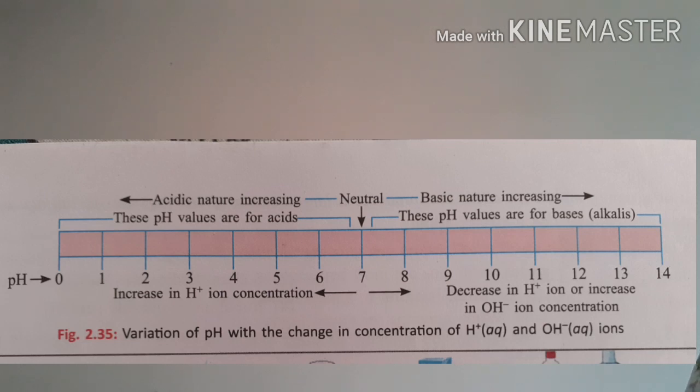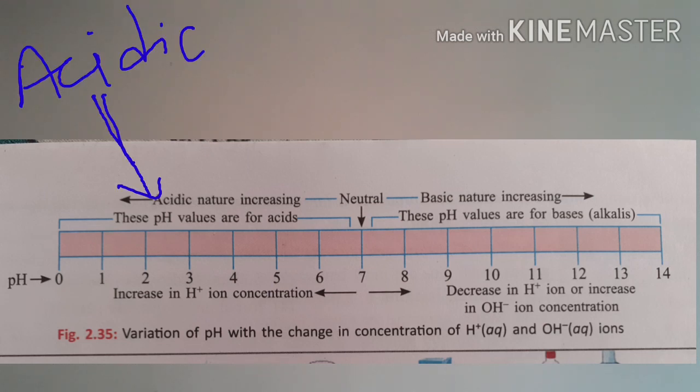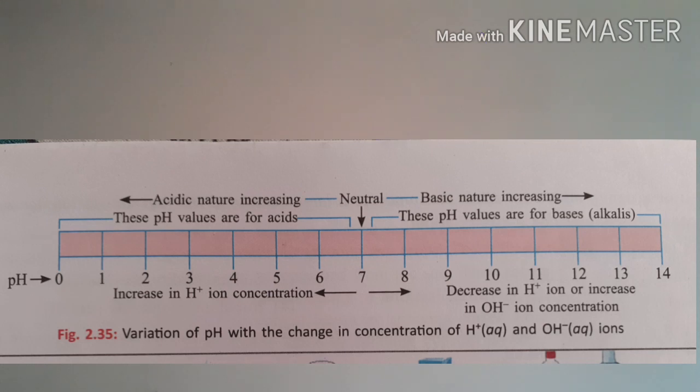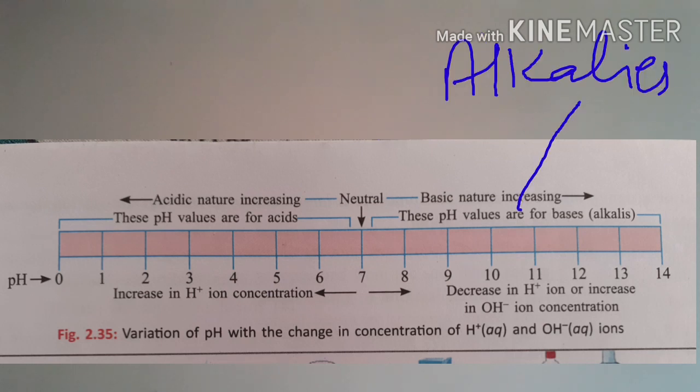Number 1. The solutions having pH value less than 7 are acidic in nature. Second point. Neutral solutions have pH value equal to 7, whereas alkalis have pH more than 7.